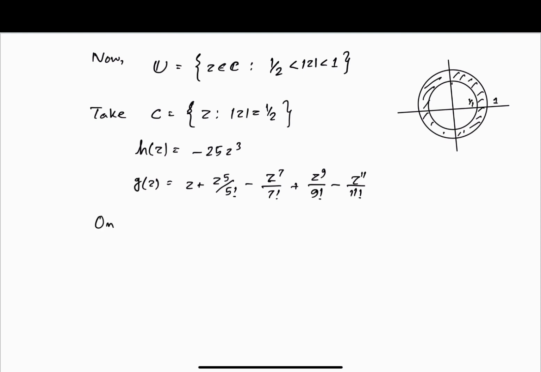So on mod z equals half, what is the mod of hz? It will be 25 into 1 by 8, so 25 by 8.